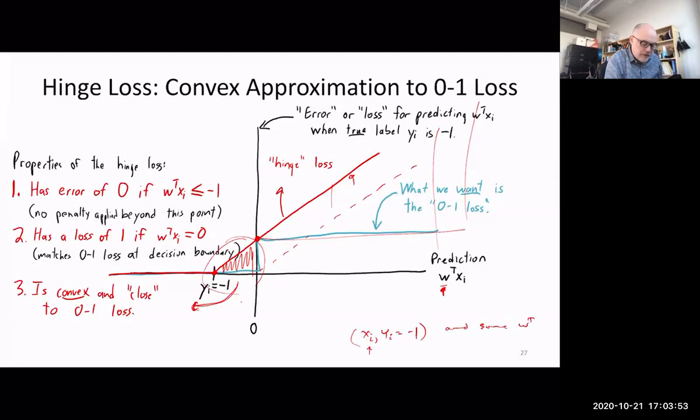I'm saying we don't know what this xi is, right? But if the xi is such that when you compute this, it lands here, there's going to be a loss that the overall optimization algorithm is going to try to minimize, and in fact, it's going to be this loss right here, because W transpose xi has the wrong sign if this particular W and xi at some point in the optimization produce a positive value, right?